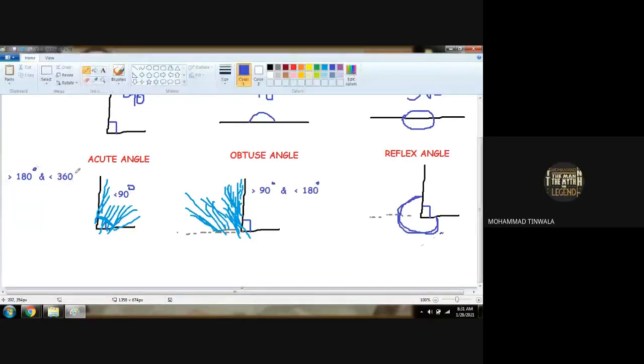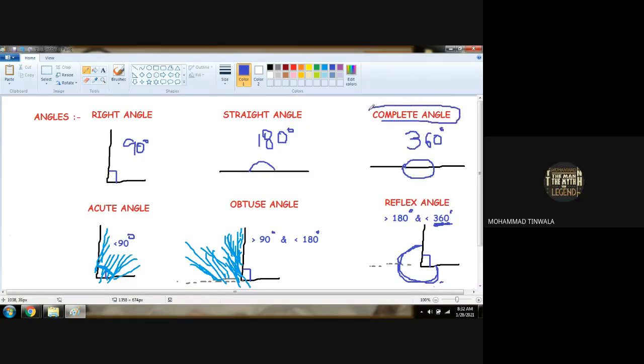Did you understand, boys? Yes, sir. Thank you. So this angle which is formed as a reflex angle is more than 180. It is always more than 180, but it cannot be a complete circle. Why? Because a complete circle is 360. It can come up to 359.9, but it cannot be 360. Are you getting it? Why? Because 360 we have as our complete angle.